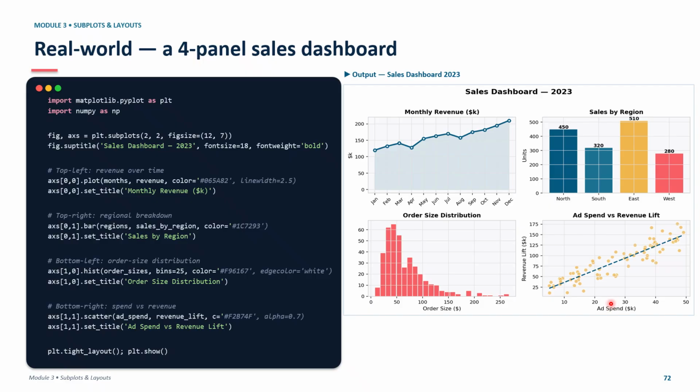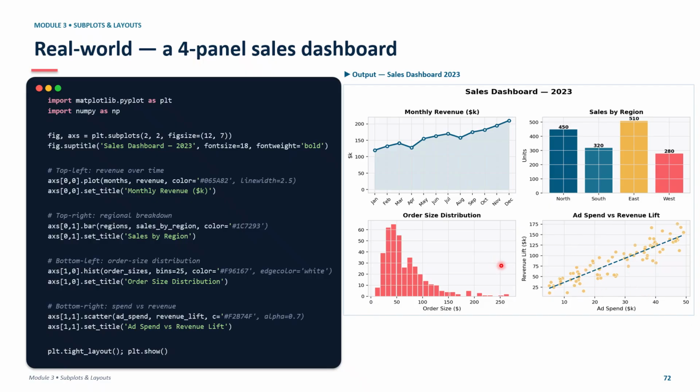Does more ad spend actually drive revenue? If the ad spend increases, is the revenue increasing? You can see the comparison here. It is a scatter plot with a trend line, where each dot is one advertising campaign, and the positive slope confirms that if you spend on ads, it correlates with revenue lift.